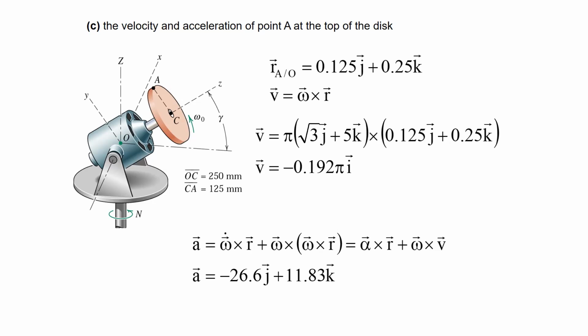Similarly, we can also get the acceleration. The acceleration of any point, we know, is omega cross R and omega cross omega cross R, and when you substitute it, you will get this. That is only a matter of substitution and simplification.